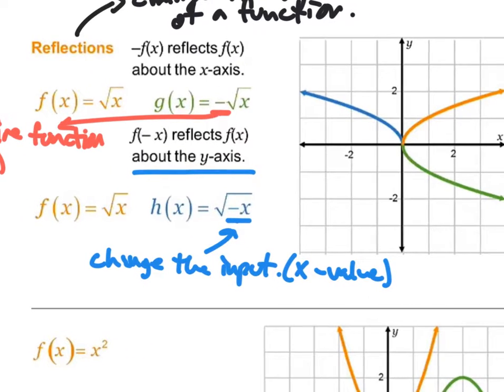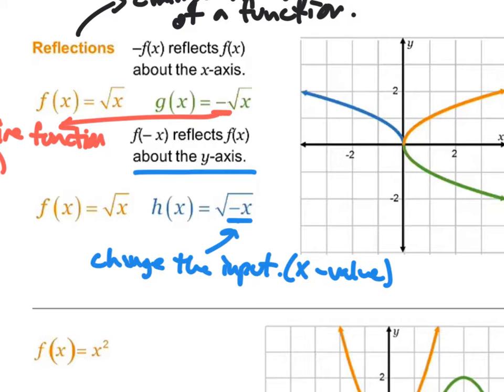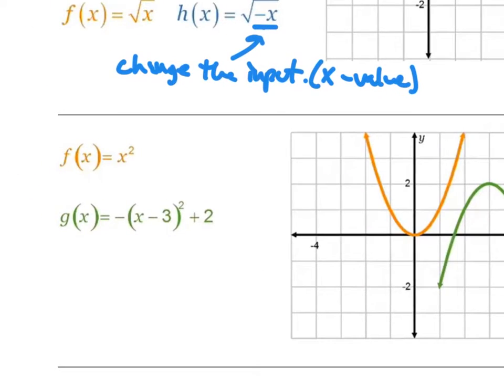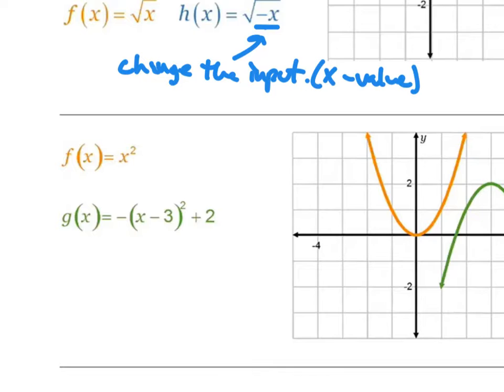You can see that here: if I take the square root of x, and instead of making the entire thing negative, I just make the inside portion negative, then it just flips it over the y-axis.